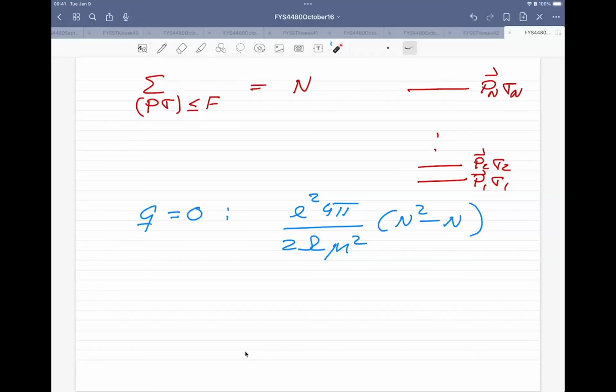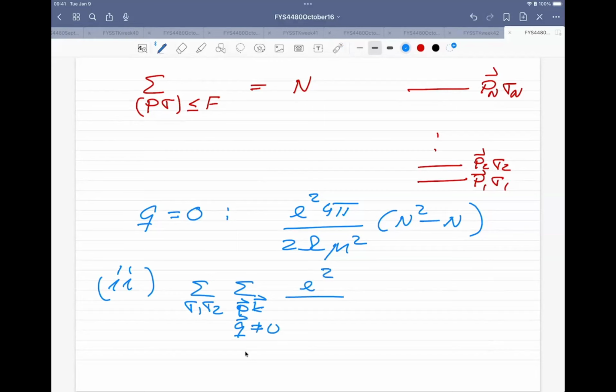So what remains to be done then is actually to calculate the term where we have q different from 0. So what we need to look at is the second term, which is this one. And this term is given by sigma 1, sigma 2, and then I have a sum over p and k, and then I have q different from 0. There's going to be a constant with the electric charge, the volume, a factor of 2 pi over mu squared plus q squared. And then when we've done the calculation, we're going to let mu go to 0.